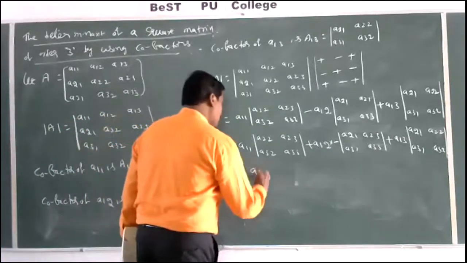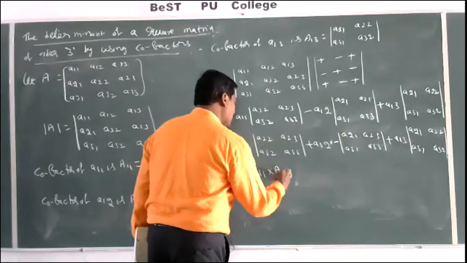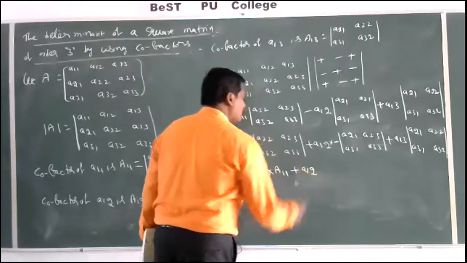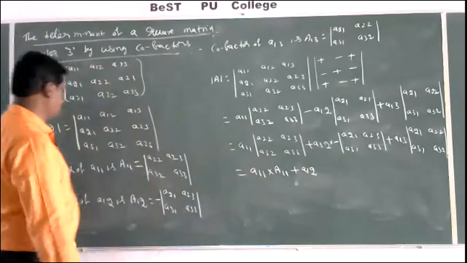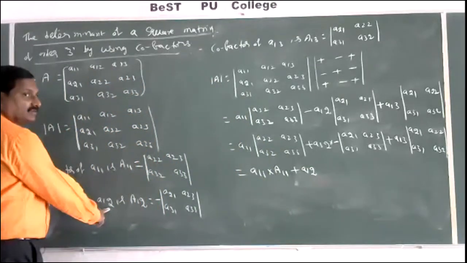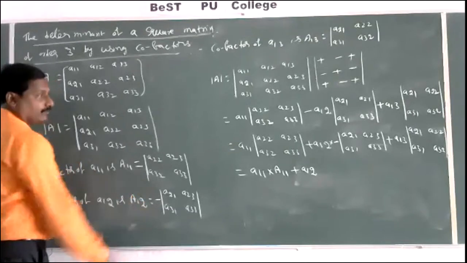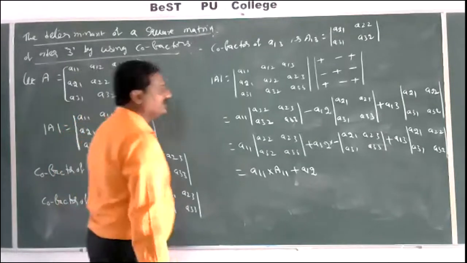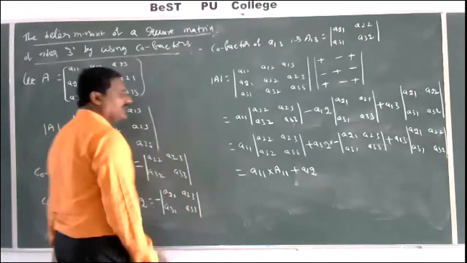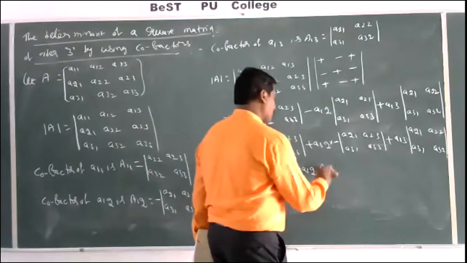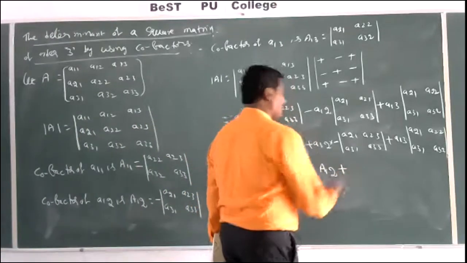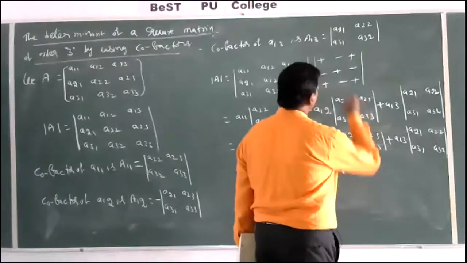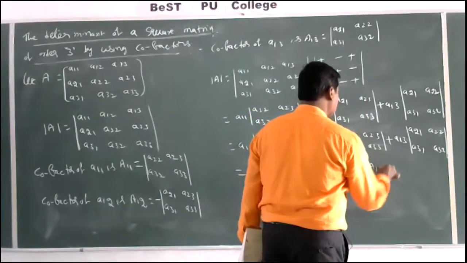So A11 into capital A11 plus A12 times the cofactor of A12, capital A12, that is minus the determinant of A21, A23, A31, A33. Then it is capital A12, plus A13 times capital A13.